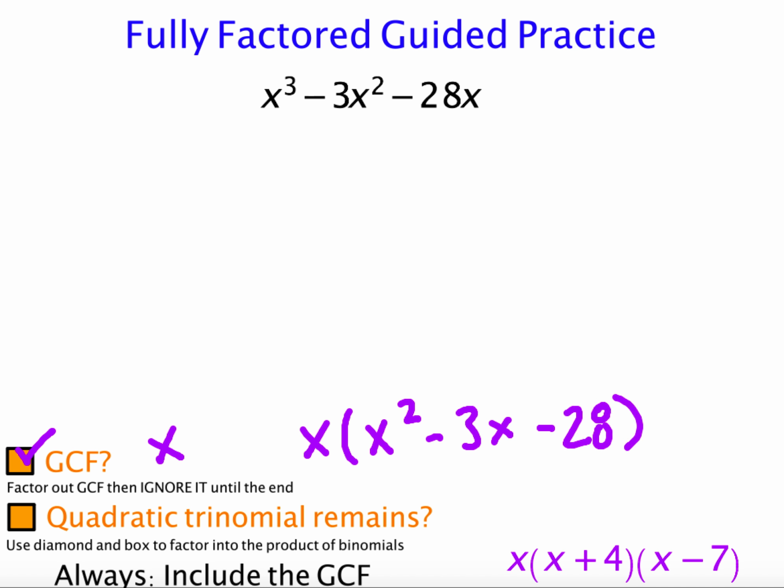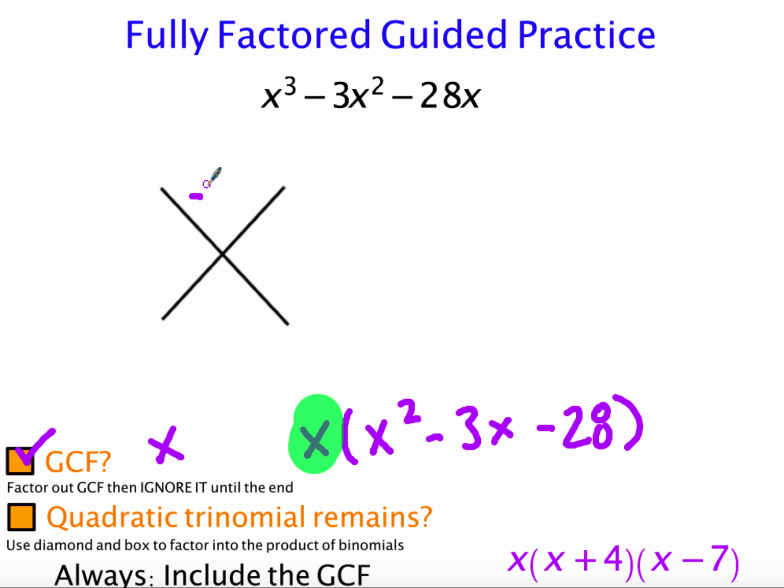Again, we ignore this x for a little bit, and we just factor the x squared minus 3x minus 28 using our diamond. We don't need the box here because the a is 1.